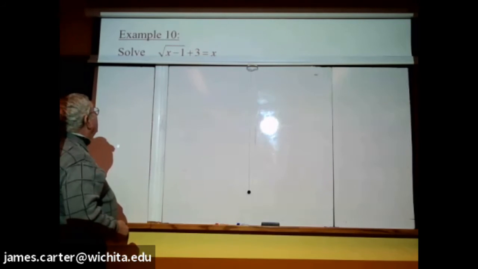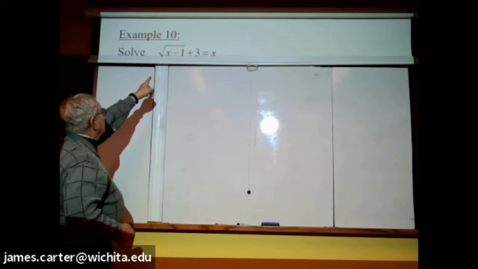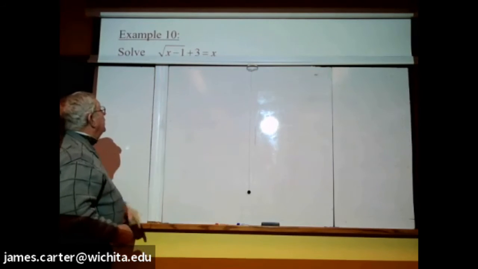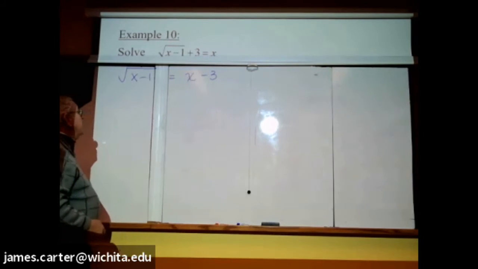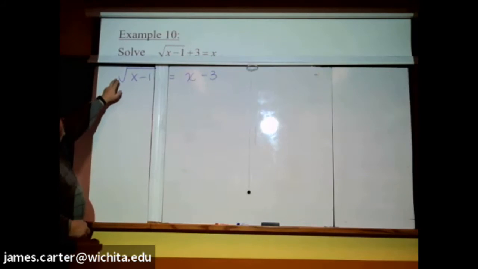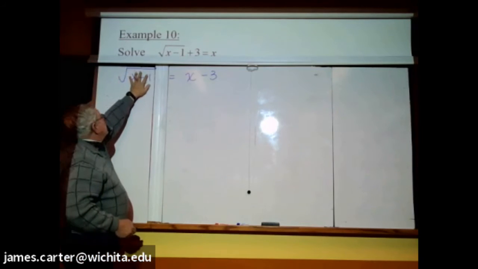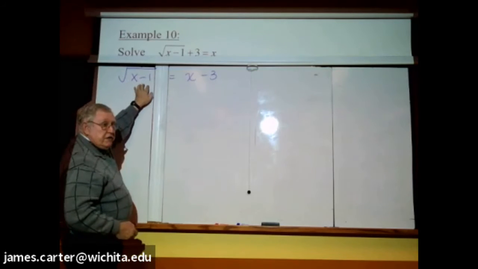Okay, we've got this problem. We've got an add-on with the radical. So we've got to get that 3 on the other side first, which we did. We just added -3 to both sides. Now, the next step I'm going to do is I'm going to square this, because if you square a square root, you get whatever's inside it.